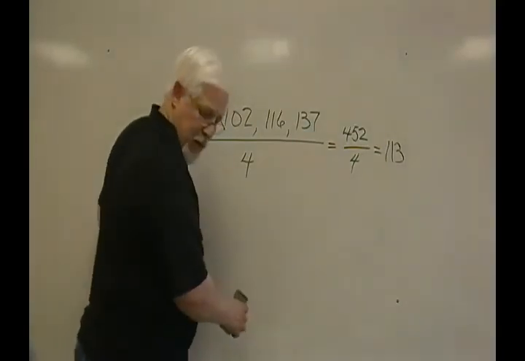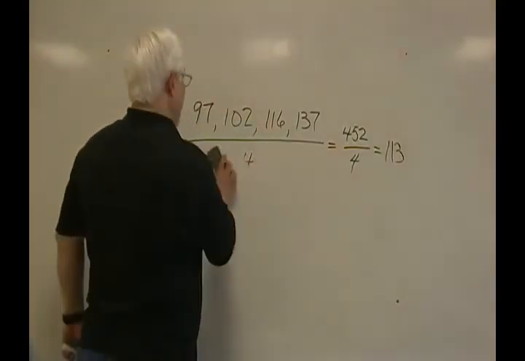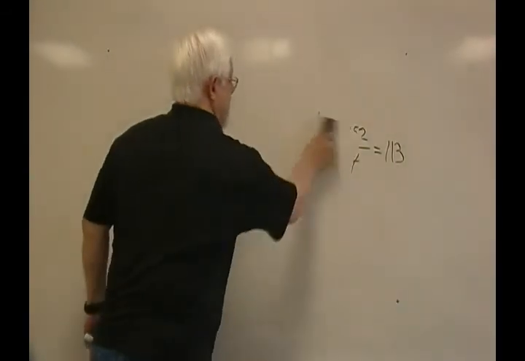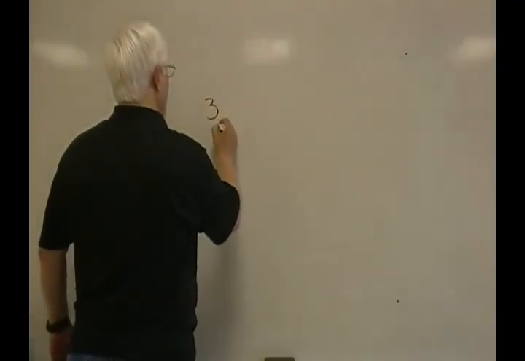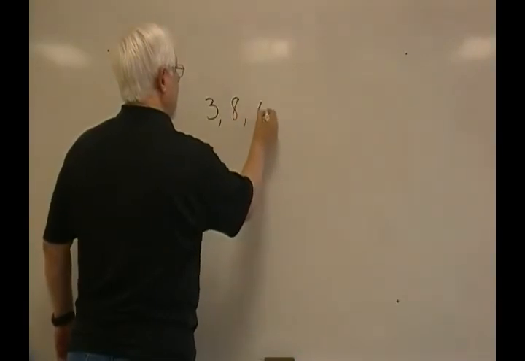Now let's take a look at page 425. On 425, you were asked to do problem number 6 and number 9. Find the median value of each set of numbers. The first one is 3, 8, and 6.